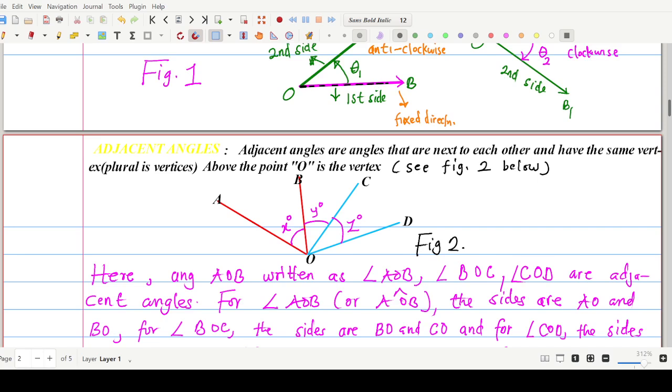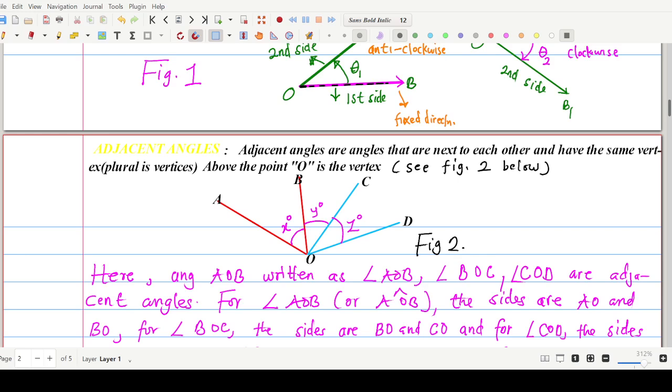For example, angle X degrees, the vertex of that angle is O. Angle Y degrees, the vertex is also O. Similarly for Z, the vertex is O. Now, I can name angle X as angle AOB. Don't forget the length OA is called the first side of angle X, while the length OB is called the second side of angle X.